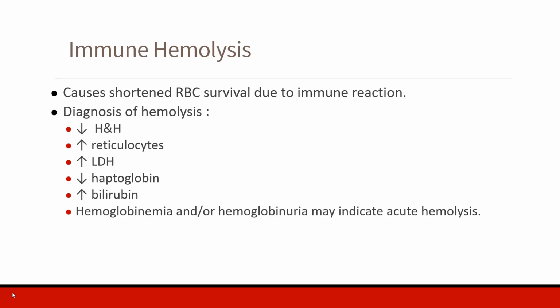Bilirubin will increase because this haptoglobin is going to take the hemoglobin to the liver, where the liver breaks it down, because we're wonderful at recycling the materials inside the red cell. But if there's too much breakdown of hemoglobin, then the bilirubin is going to go up, and the patient may even be jaundiced.